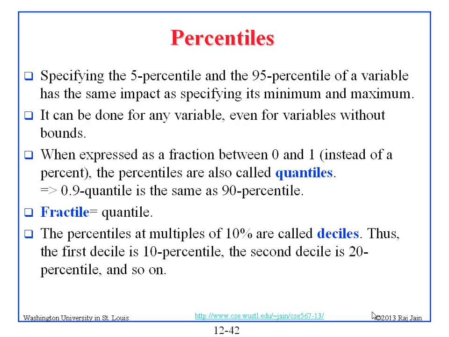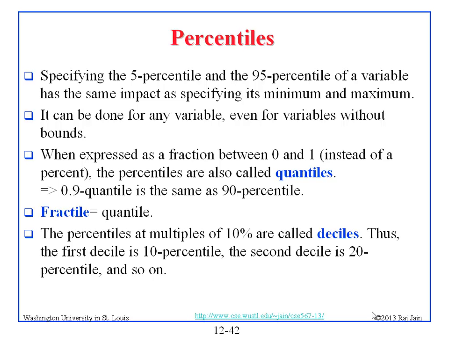So we express a fraction. That can be done for any variable, even for a variable without bound or with bound. And when we express it as a fraction between 0 and 1, we call it a quantile. So 0.9 quantile is the same as 90 percentile. As we explained before, alpha quantile is the same as 100 times alpha percentile.